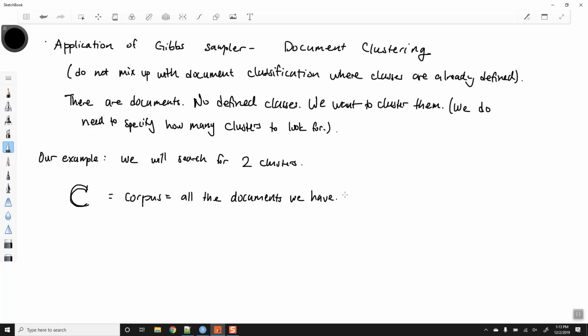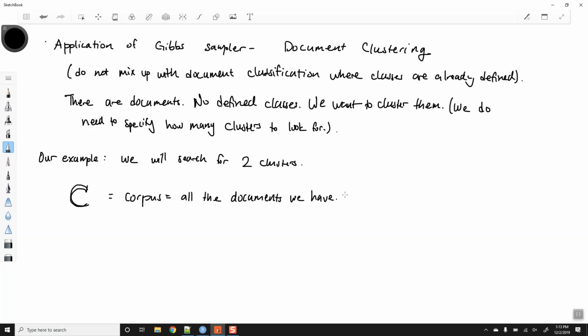We're going to keep things simple and use what's called the bag of words model, because it's easier to deal with. There are problems with the bag of words model, but models are just meant to simplify our lives, right?